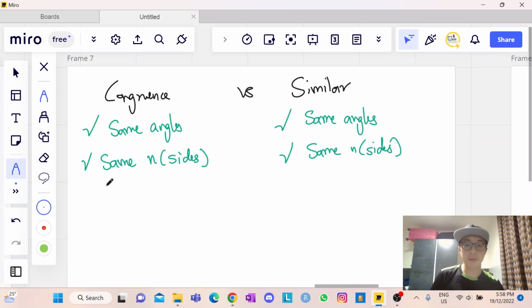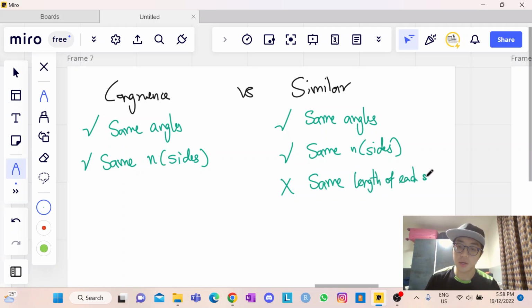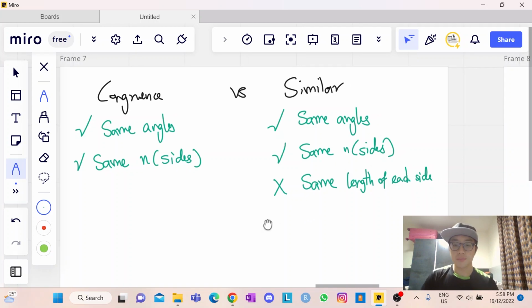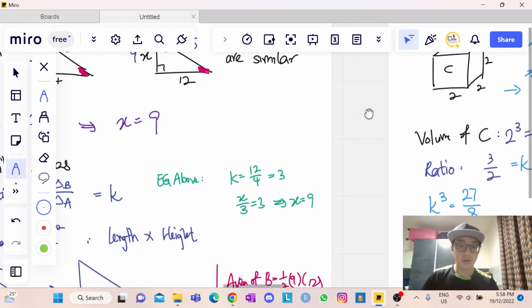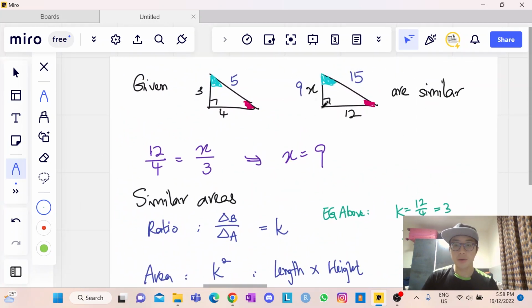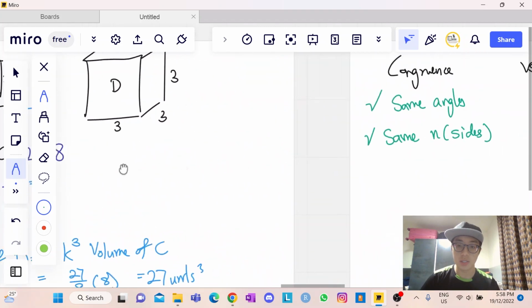However, if you remember, I said that one property that defines a different name is that it is not necessary to have the same length of each side. If you look back there, 3, 4, 5 and 9, 12, 15 are definitely not the same. Therefore, they are only similar, but they are not congruent.